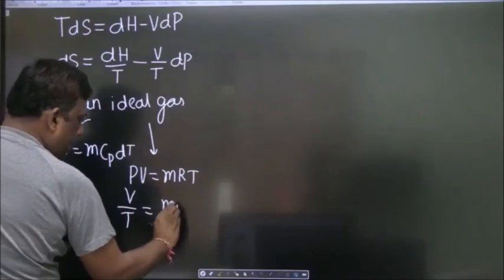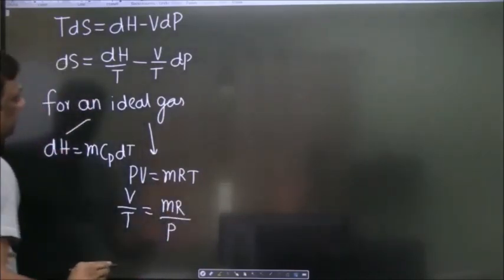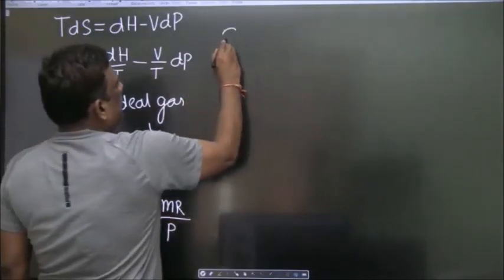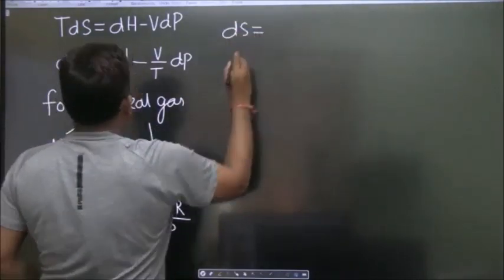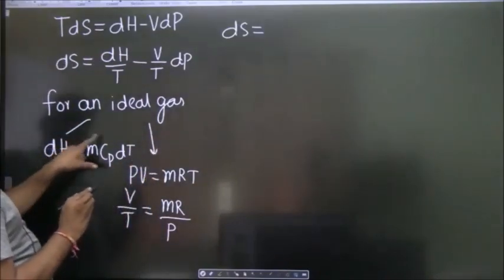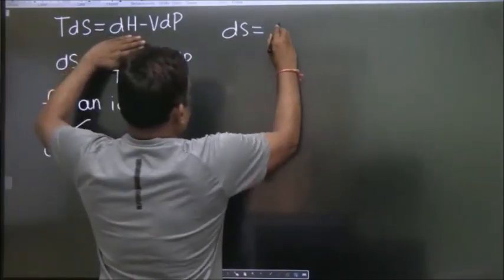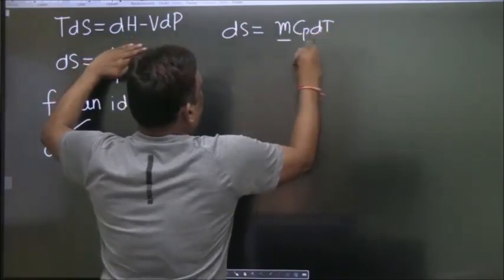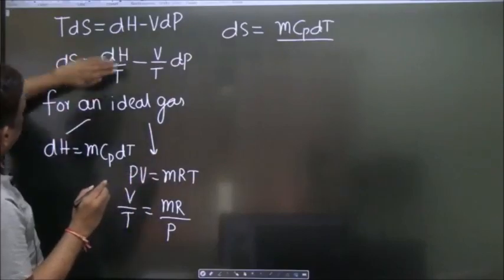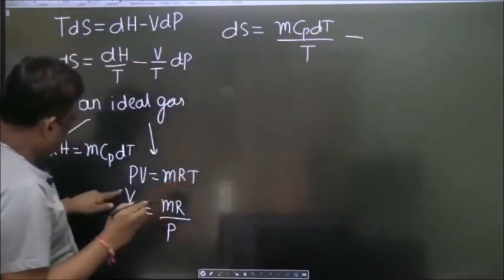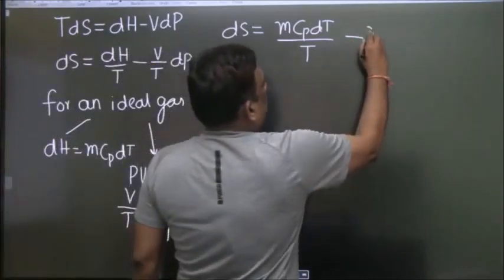It is mR by P. So dS is equal to dH by T, and dH is mCp dT, so mCp dT by T minus V by T. What is V by T? mR by P.